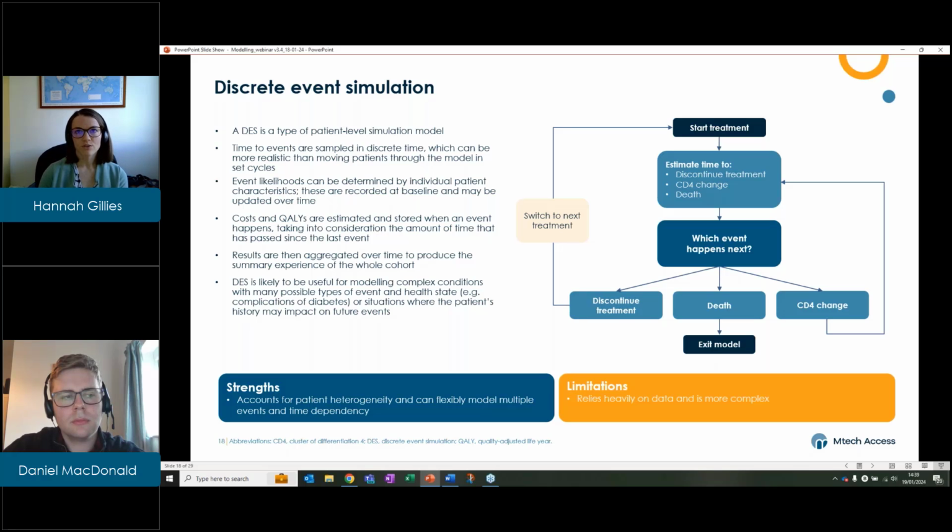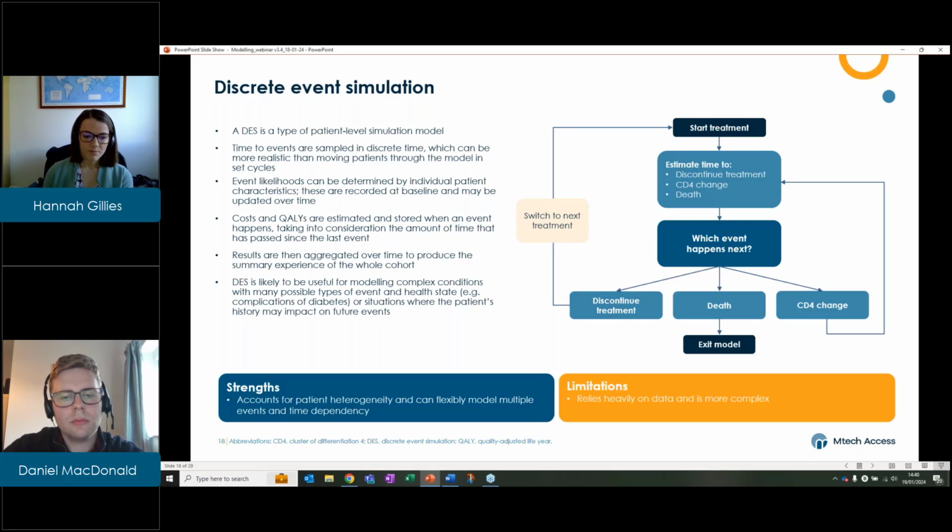Then the relevant costs and QALYs are calculated based on this and the amount of time that has passed. So whereas before in, for example, a Markov model, the costs and QALYs would always be based on the same, for example, monthly cycle, here you have to take into account the time that has passed because the time to event can be changing every time it's estimated.